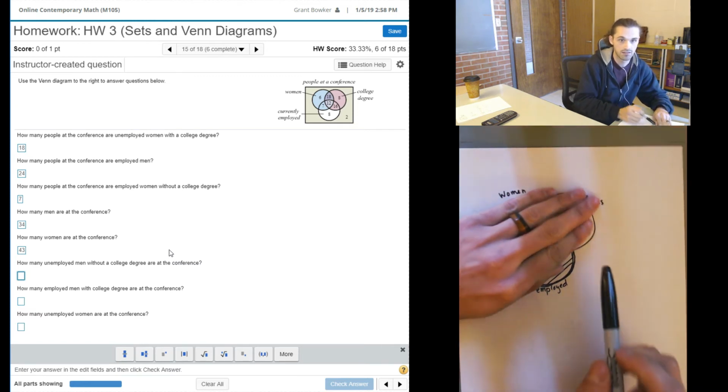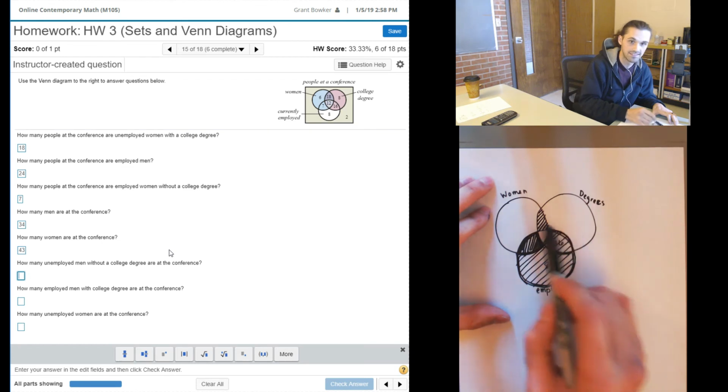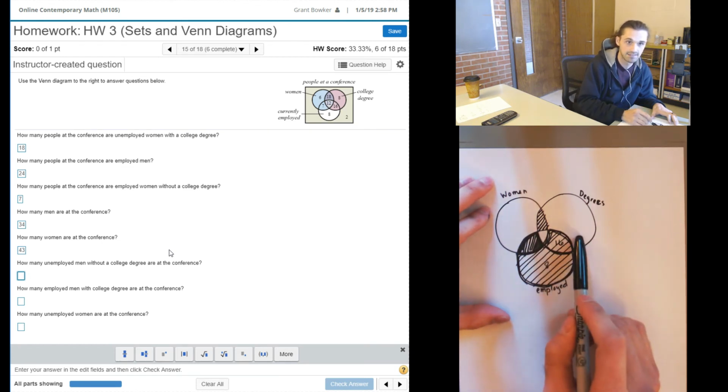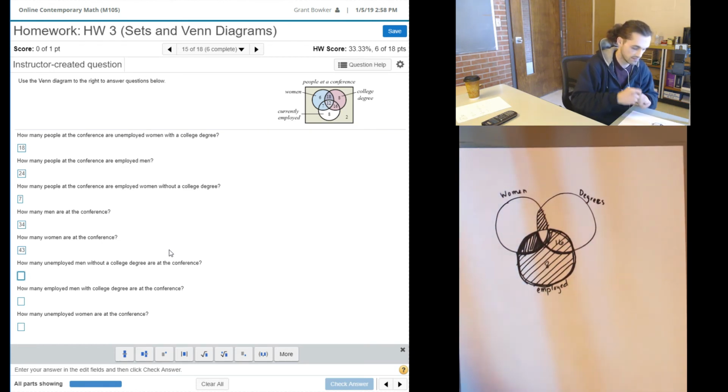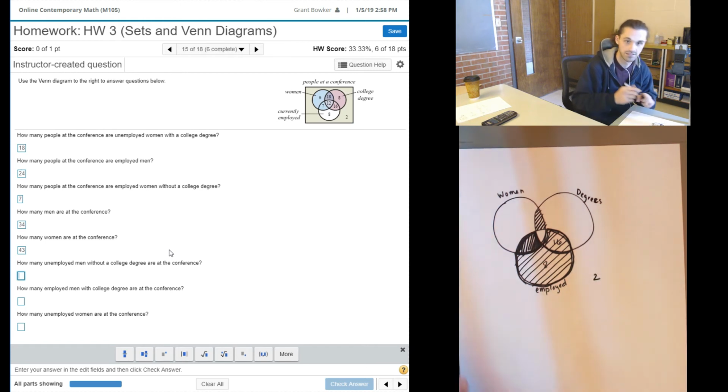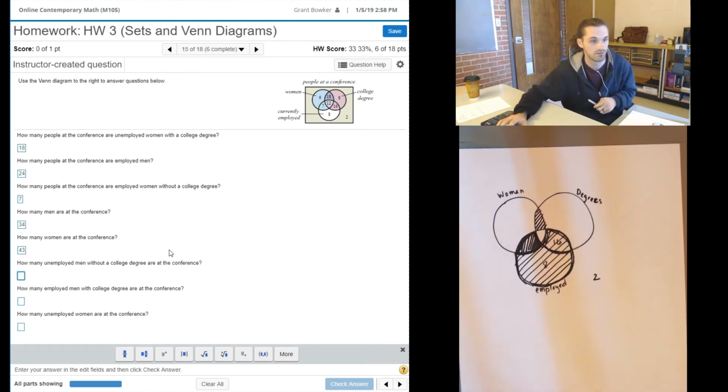So you can't live anywhere inside of any of these three sets, which means you're that 2 that's just kind of hanging out over in the corner. Because that 2 is not located in any woman, degree, or employed set.